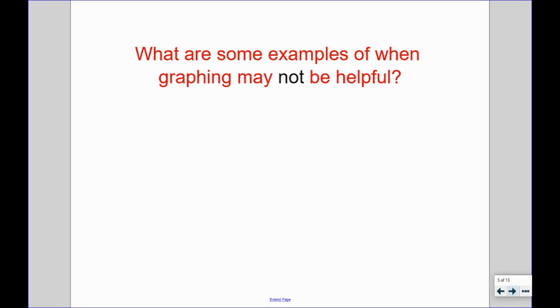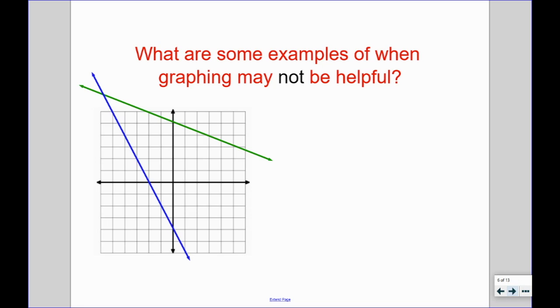We've been solving with graphing, but when would graphing not be helpful to use as a way to solve? If we didn't have graph paper handy, that would be when it wouldn't be the easiest. Also, maybe if the equation's not in slope-intercept form.